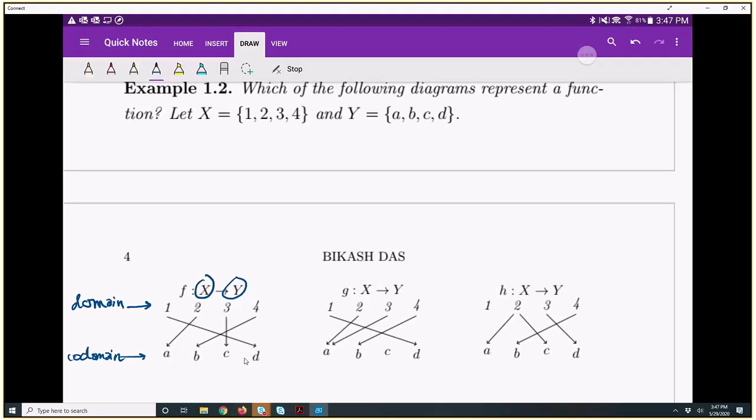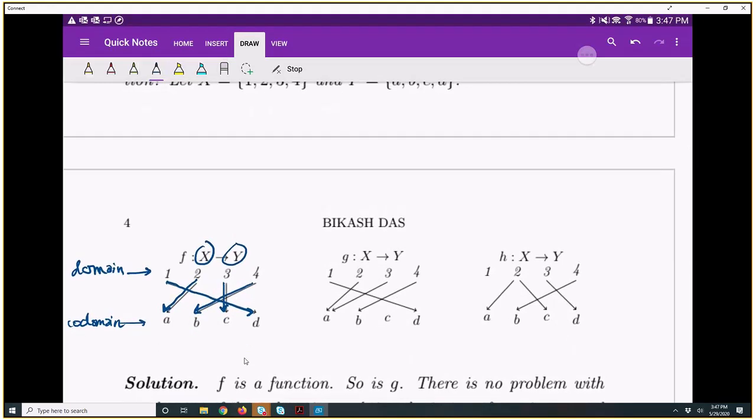We know that in order to be a function, for each element in the domain, I can associate exactly one element in the codomain. So if I look at the first example, I see that 1 is associated with D in the codomain, 2 is associated with A, 3 is associated with C, and 4 is associated with B. That's a perfectly valid function.